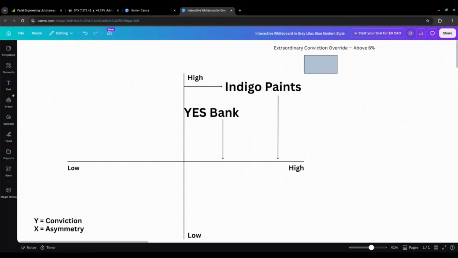Condition 3: thesis break conditions that require multiple simultaneous failures. A thesis break condition that can be triggered by one metric reversal, one bad quarter of volume growth, one margin compression event does not qualify for the override. The override requires a thesis where the break conditions are structurally robust, where the thesis remains intact unless multiple independent variables deteriorate simultaneously.